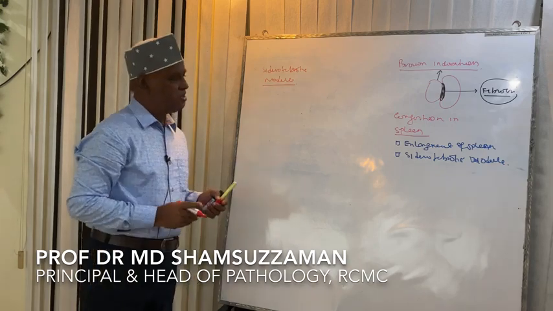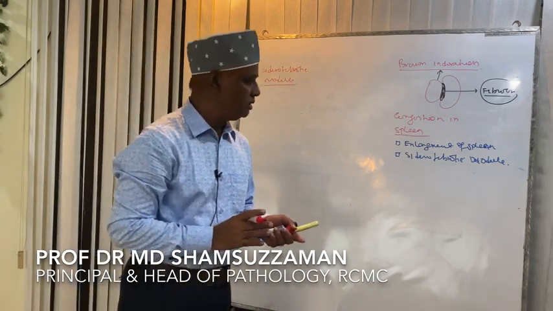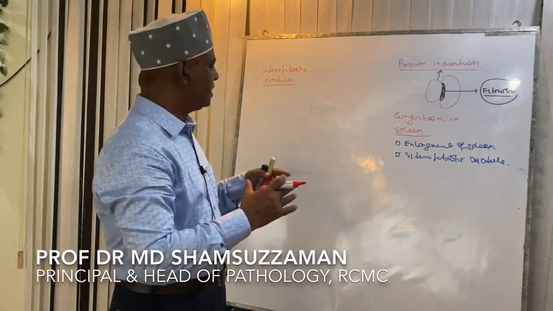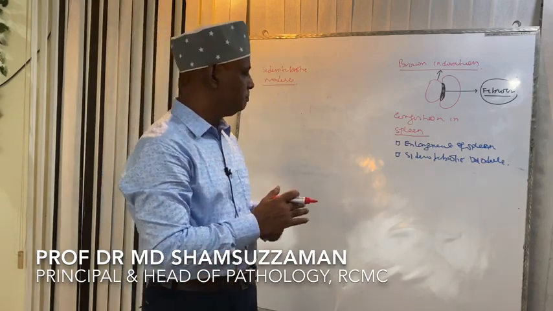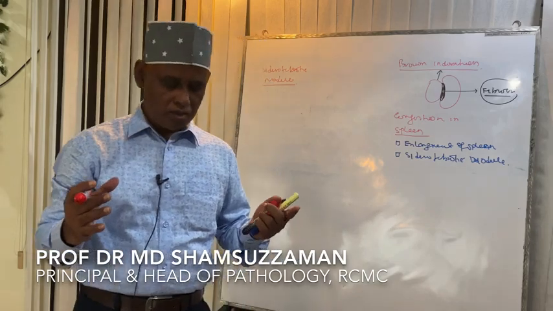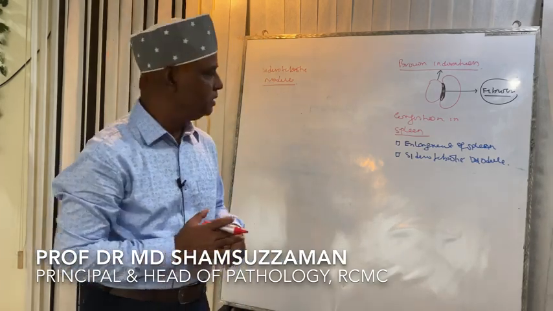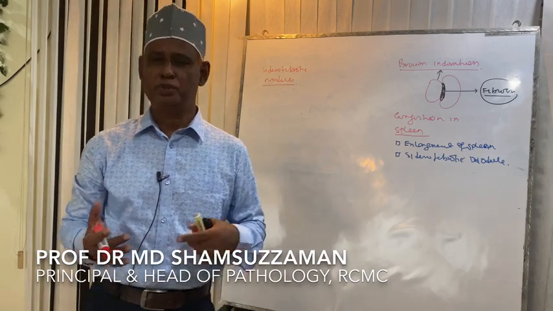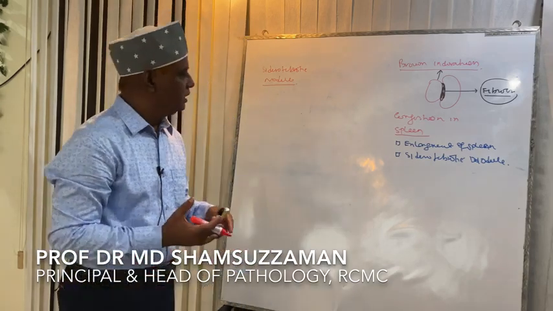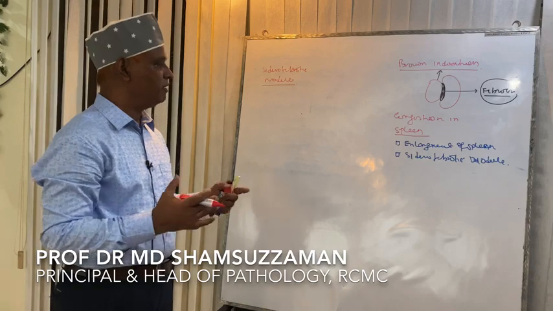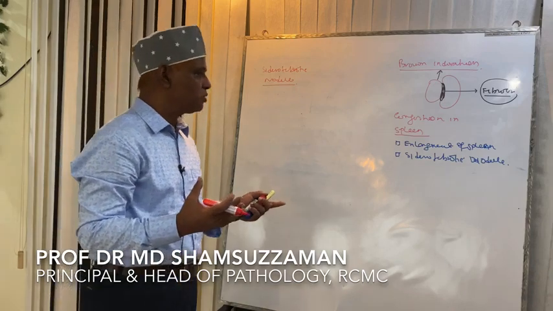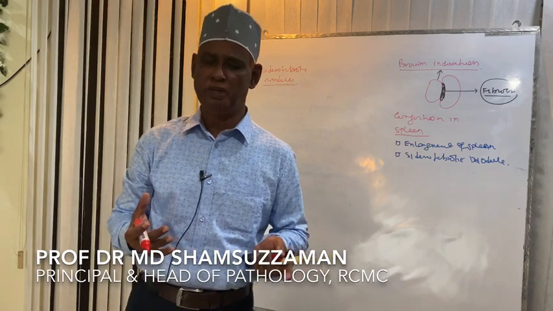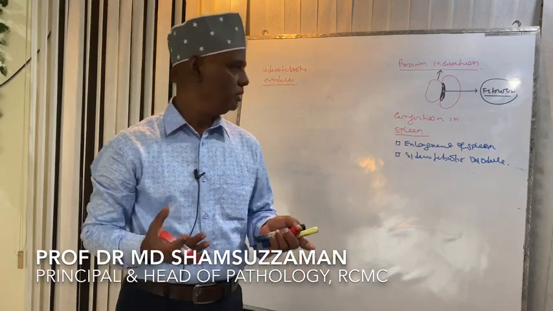Dear audience, if there is chronic congestion in the spleen, there is chance of development of fibrosis within the spleen, and within the fibrosis there is deposition of hemosiderin, and this hemosiderin and fibrosis make a nodule. This is known as siderofibrotic nodule in spleen following chronic congestion.